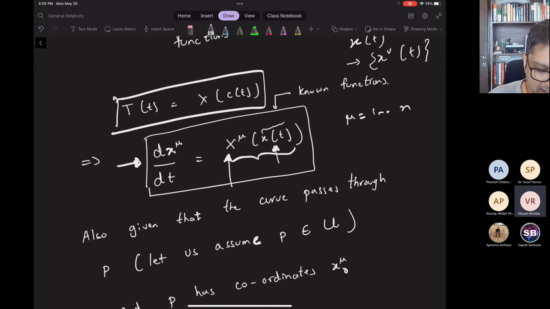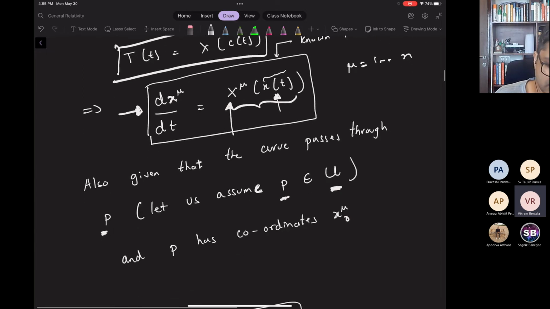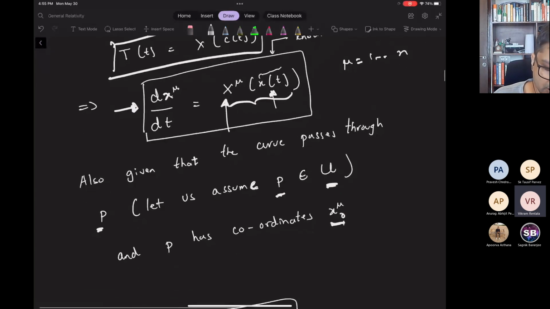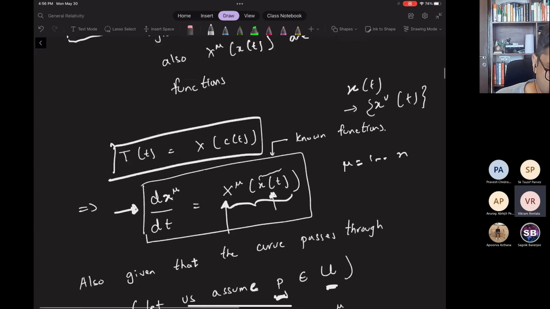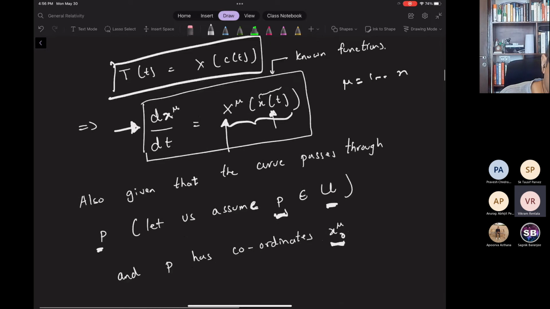The second condition is that the curve passes through a particular point P. We'll assume this point P also belongs to our coordinate patch and has some coordinates x_0^mu. So we're given that at t equal to 0, without loss of generality, the curve passes through P and therefore has coordinates x_0^mu. Now we have to solve this differential equation.